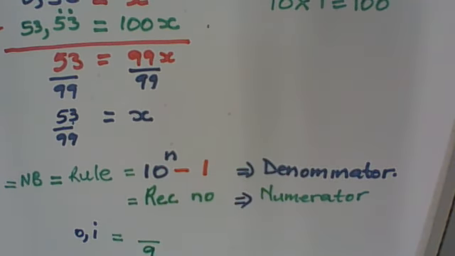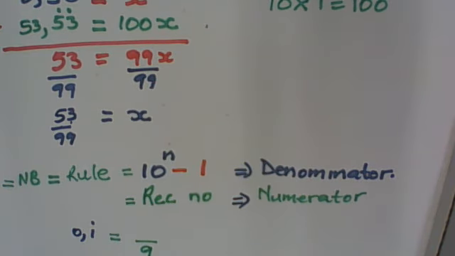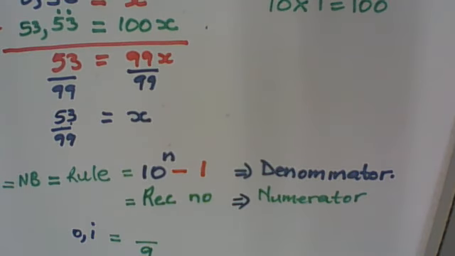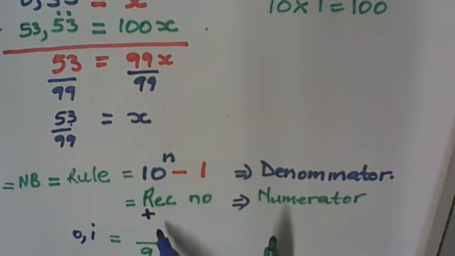And then, what about the numerator? The numerator gives us the recurring number plus the whole number.